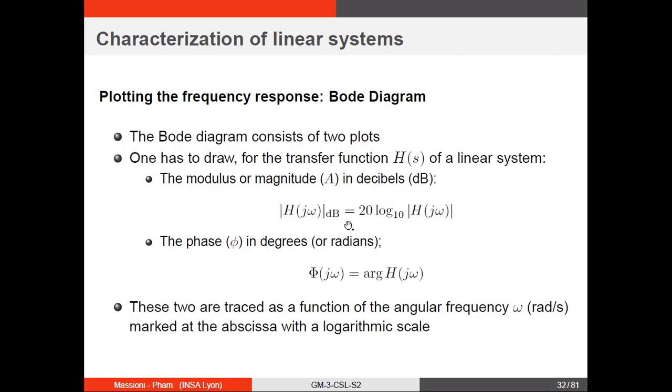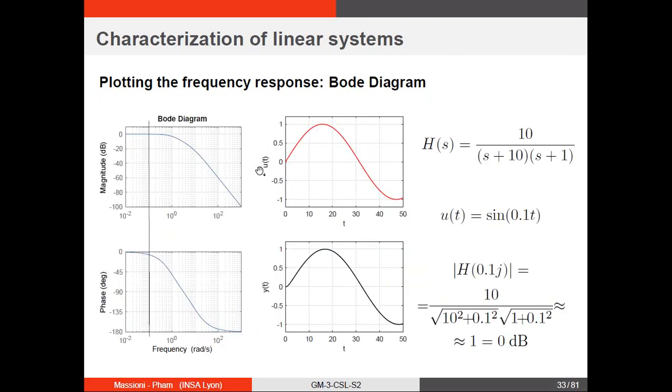So if you have 0 over here, you divide by 20, then 0 divided by 20, take 10 to the power 0 makes 1. So you have an amplification of 1. So if a sine of amplitude 1 goes in, a sine of amplitude 1 goes out, and a little bit of phase shift. You see what it means, phase shift? Well, the peaks more or less are in the same place.